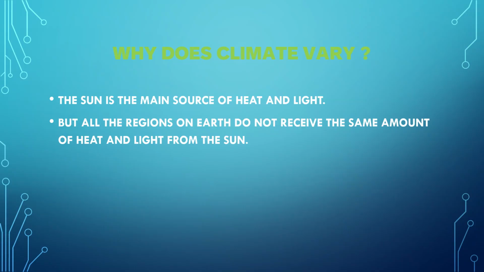Why does climate vary? The sun is the main source of heat and light, but all the regions on earth do not receive the same amount of heat and light from the sun. For example, think you have an earth in front of you.